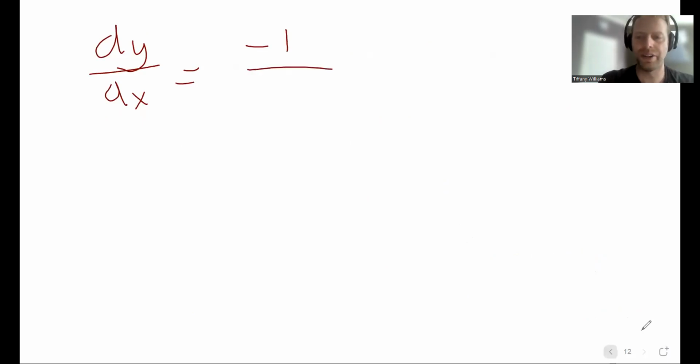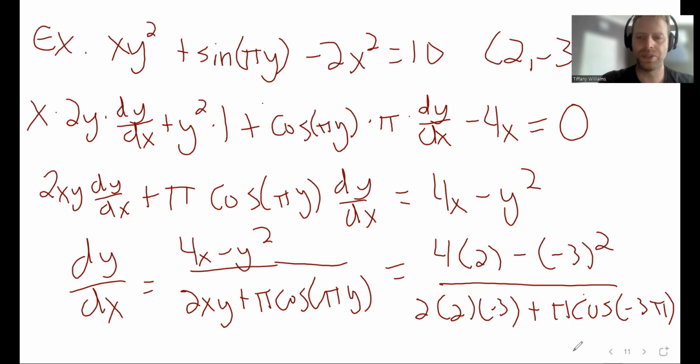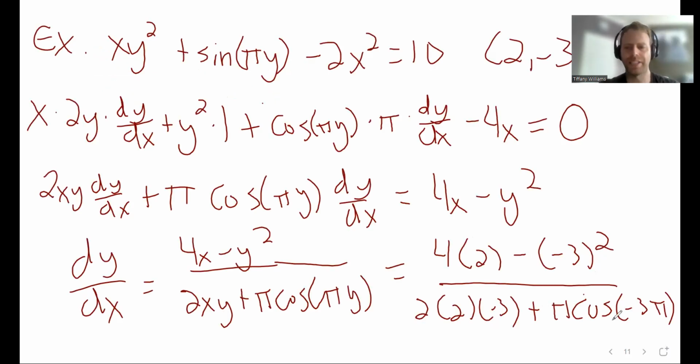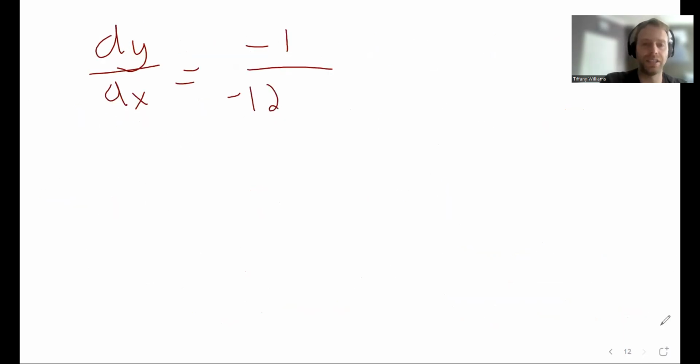And then in the denominator, I've got 2 times negative 3. That is negative 6. Okay. And then I have plus pi, and then cosine at negative 3 pi. Cosine at negative 3 pi is negative 1. So this would actually be, and I need to keep this exact, this will actually become minus pi. All right.